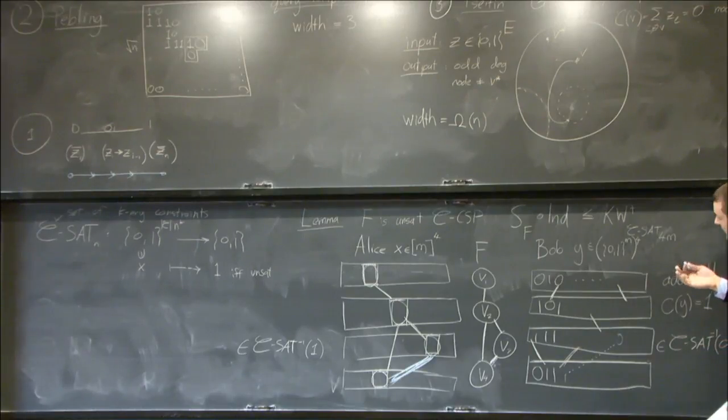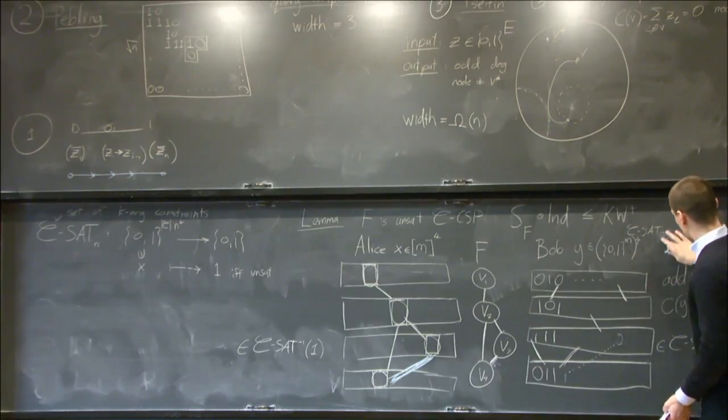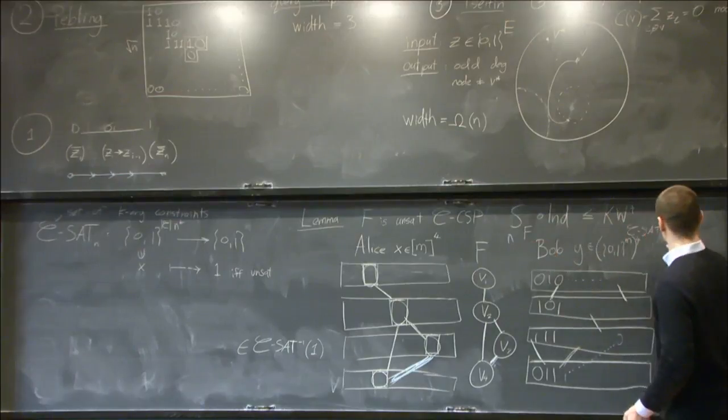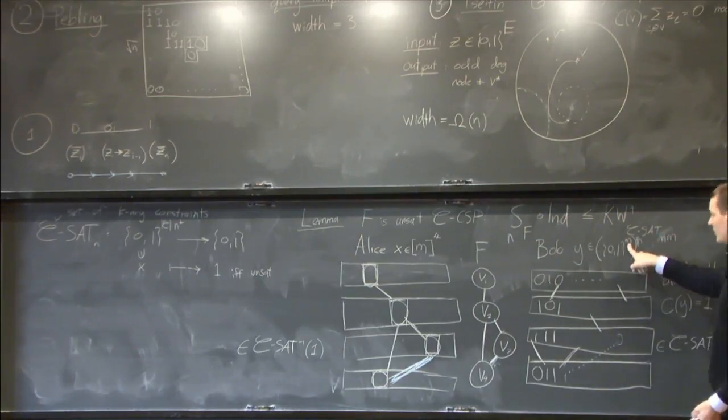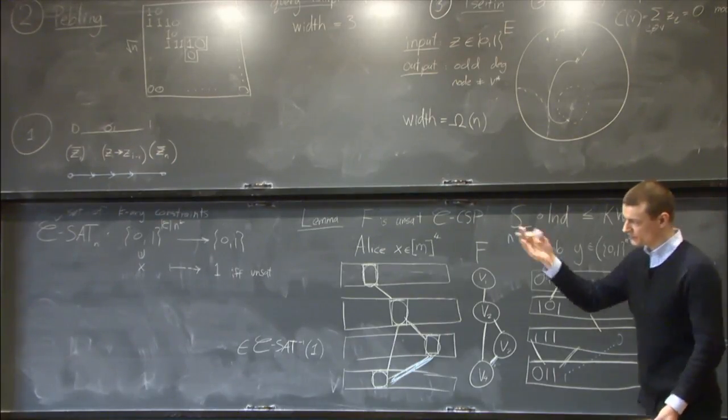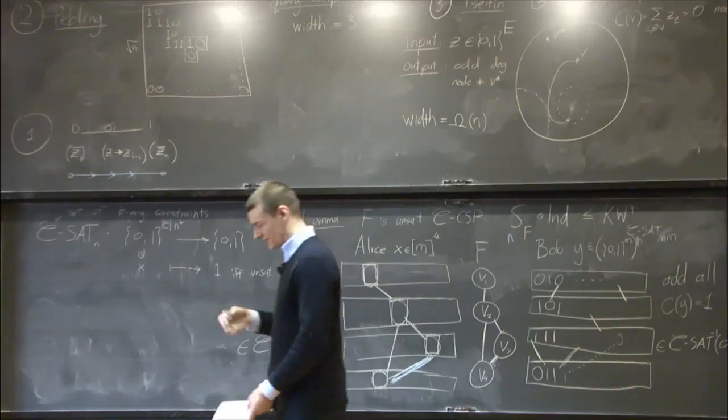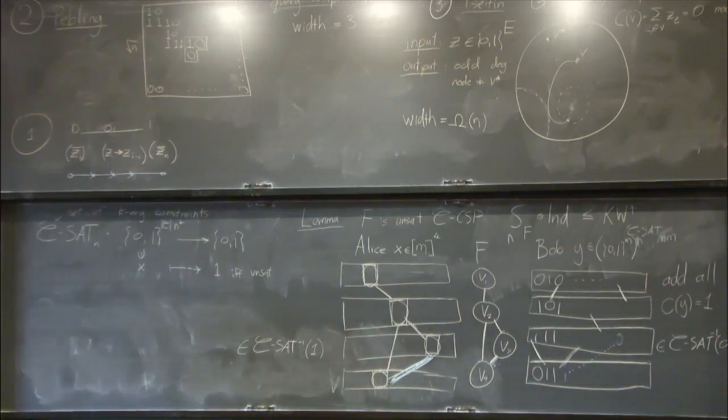But if m was a constant, you wouldn't lose anything. And that's why this proof would give you truly exponential lower bounds if only you had lifting theorems for constant-size indexing gadgets.